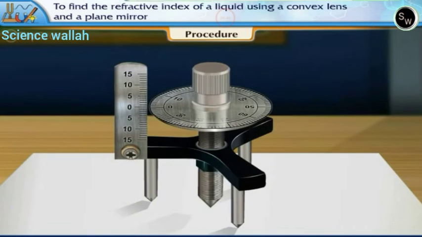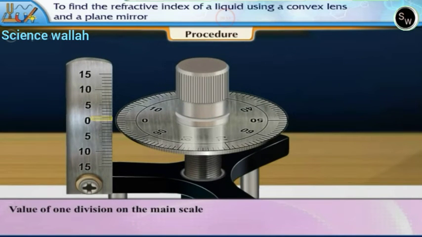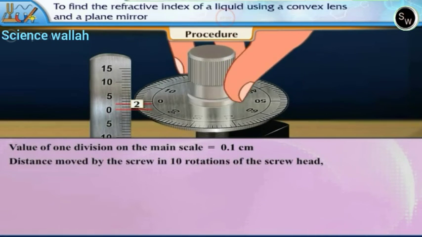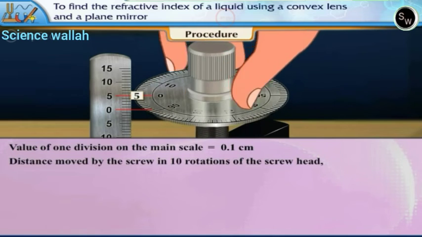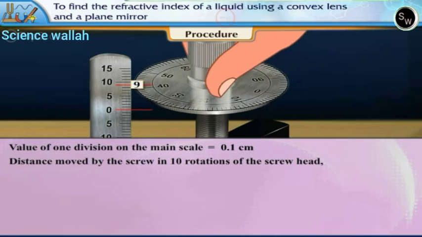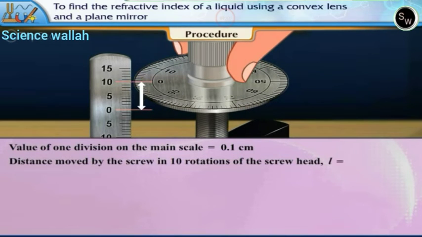Now, let us find the least count of the spherometer. Value of one division on the main scale is equal to 0.1 centimeter. Distance moved by the screw in 10 rotations of the screw head, L, is equal to 1.0 centimeter.